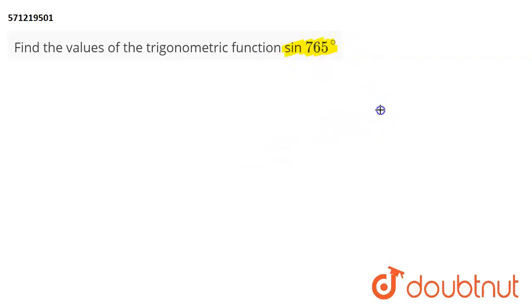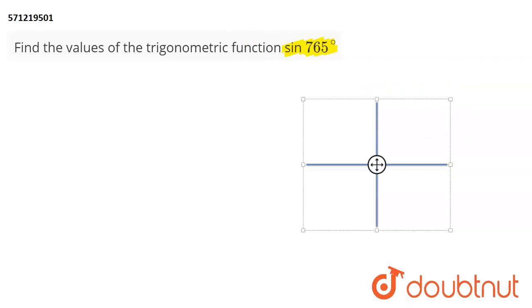First of all, you should be familiar with how the angles change when they are rotated. Suppose this is my x-axis and the angle that this line makes is theta. I'm measuring the angle with respect to the x-axis in the anti-clockwise direction.